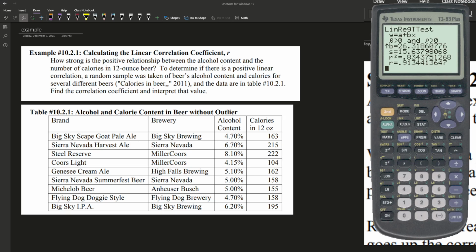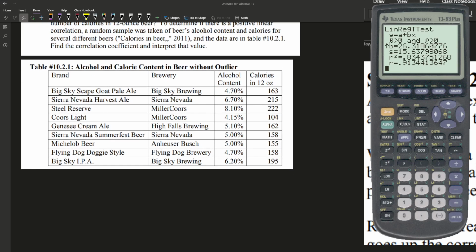R is 0.913. This is close to 1, right? So since this is close to 1, we would say that this has a strong positive correlation.